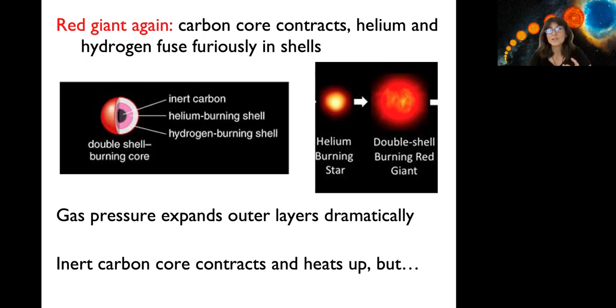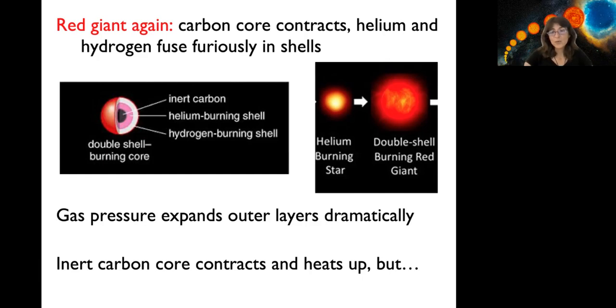And the fusion that is going on in the shell has an out of balance gas pressure. So whenever there is fusion in a shell, there is an imbalance, and gas pressure will be stronger, and that's why a red giant grows.